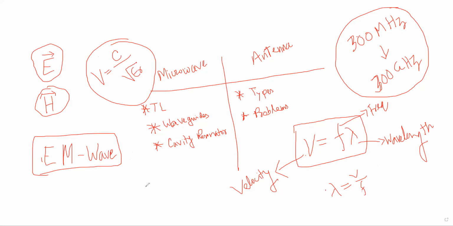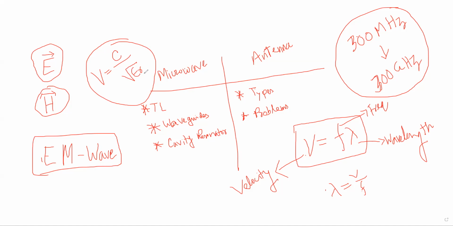V means the velocity. Velocity of what? Velocity of electromagnetic wave, or velocity of wave. So how do you calculate the velocity of wave? You can calculate it by using this formula: C over square root of epsilon r.